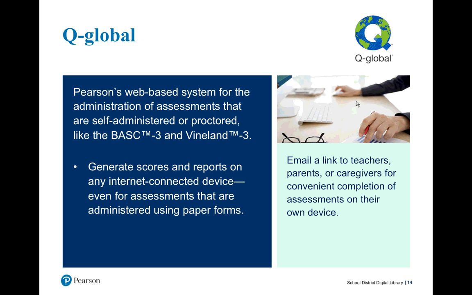Think of it as, in many instances, a partner to a paper form or kit. But in addition to this, you have the ability to, for example, like in the BASC, email a link to teachers or parents or caregivers to allow them to complete the various rating scales that they need to do as part of the overall evaluation.